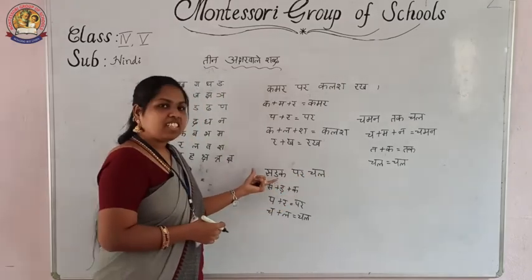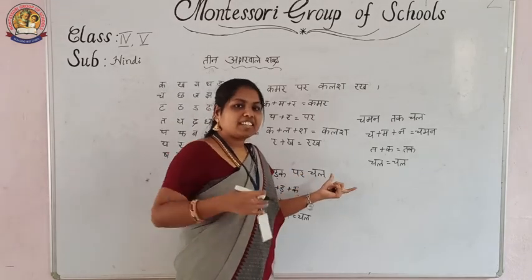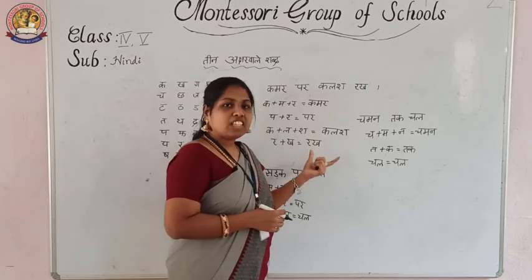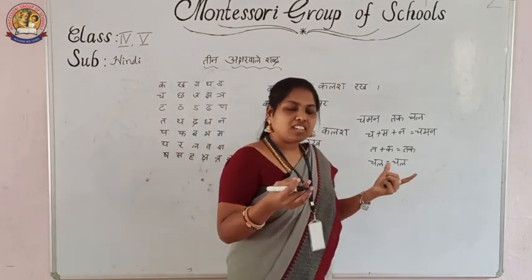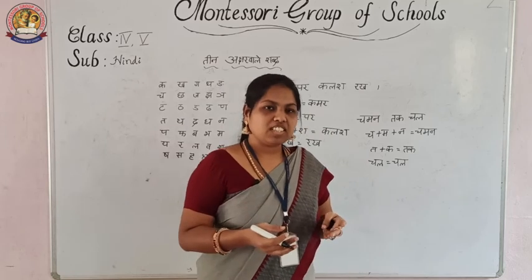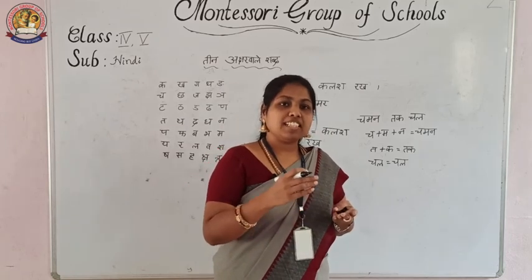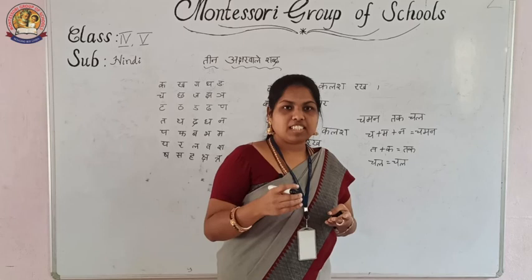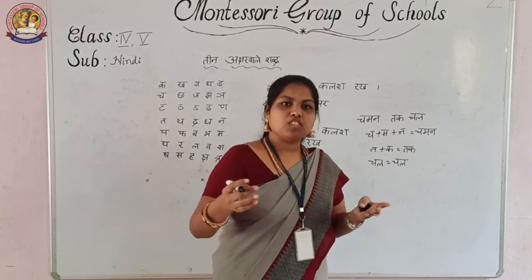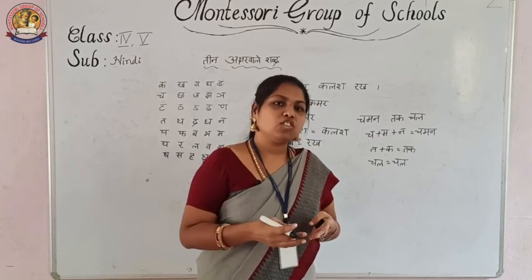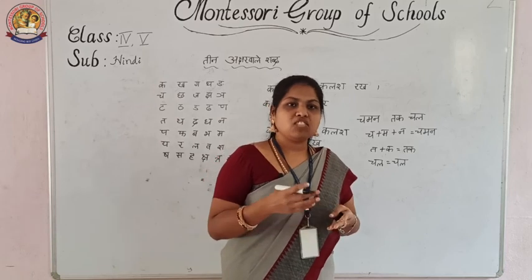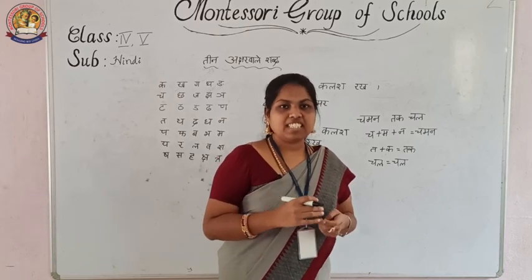Understand, children? Very easy to identify and take the pronunciation of this one. And if it is given in the textbook, you must read letter by letter, and then join all the letters. Then you can read a word and a sentence very easily.